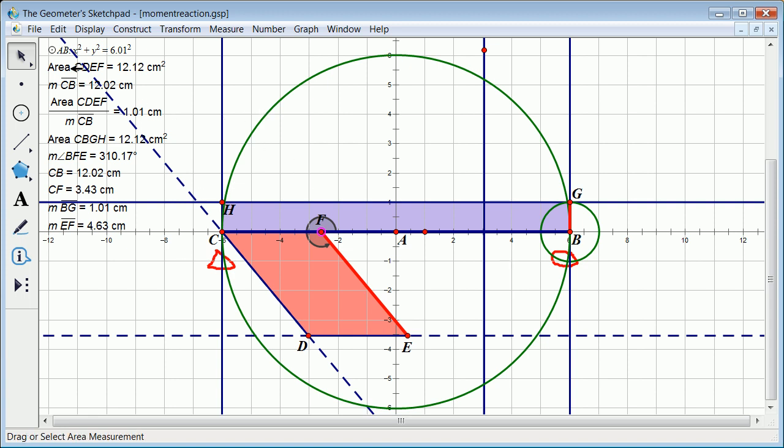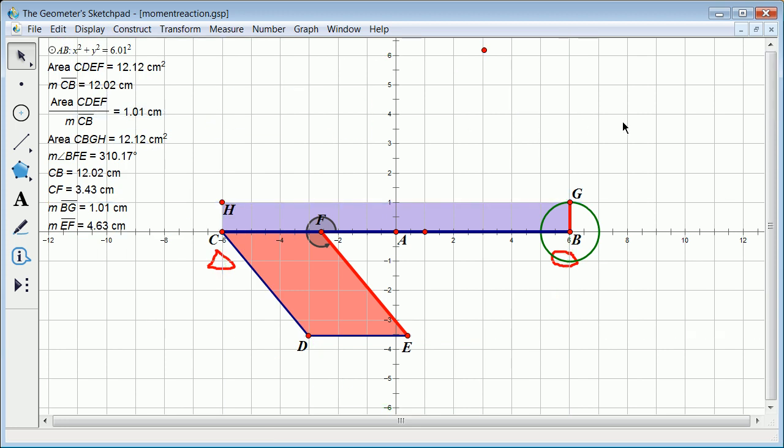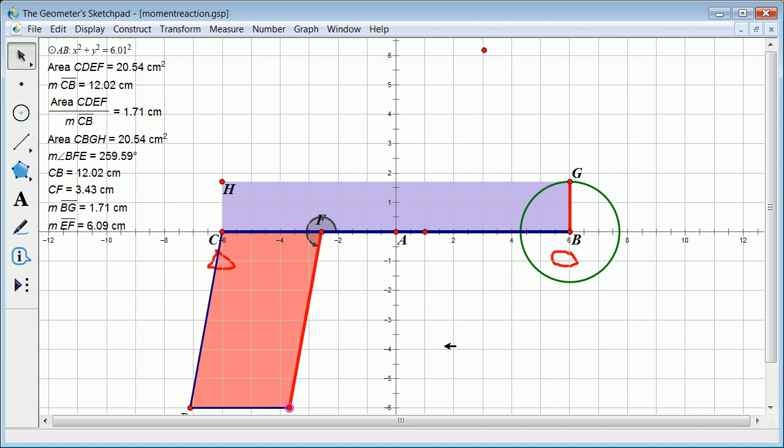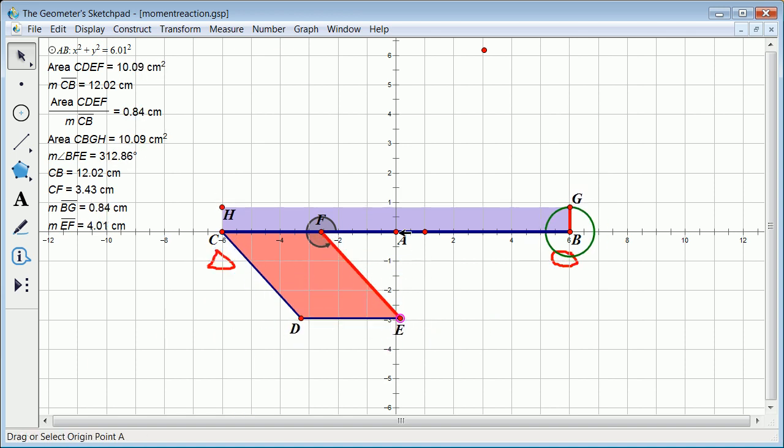Once you get these things all laid out, to hide them you can click through, hold the shift key so it doesn't get so confusing, and go to display. It looks like it did most of them. Then you have essentially that description of a reaction moment.